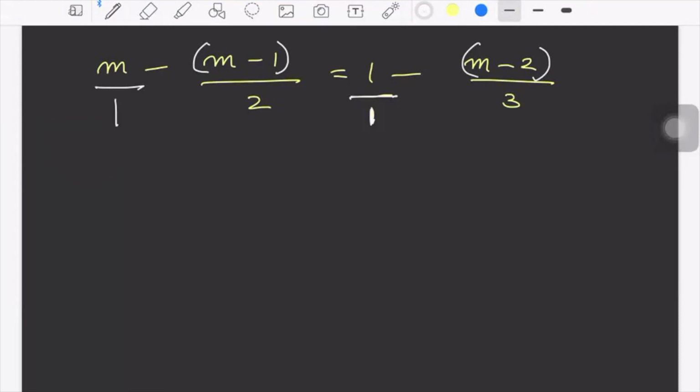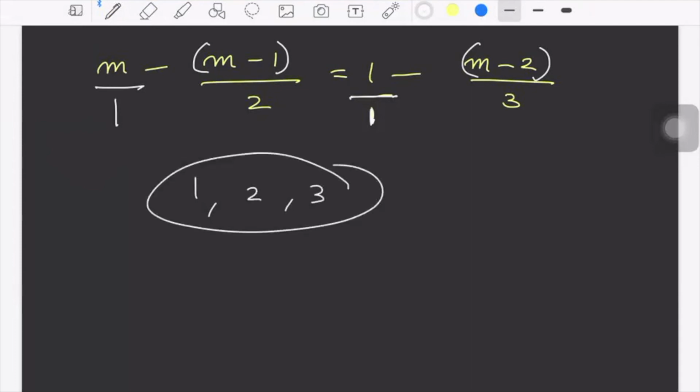Yes, that number is going to be 6 because we have 1, 2, and 3 as the denominators. And the common multiple of these numbers is going to be 6.